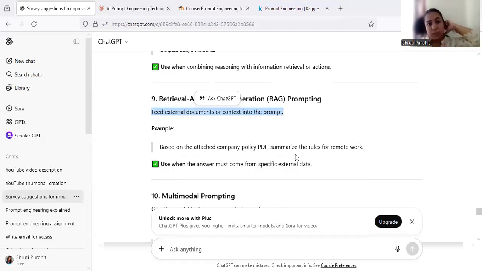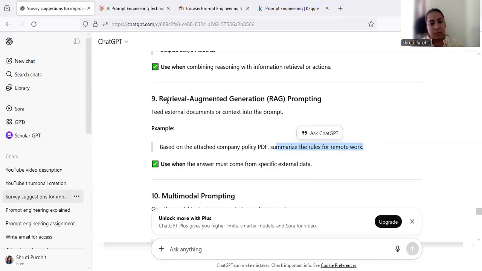You have to provide some external data, your data, to the prompt, and then you will get the result. Like you are attaching a file, folder, or some external database to your prompt. For example: based on the attached company policy PDF, summarize the rules of remote work.